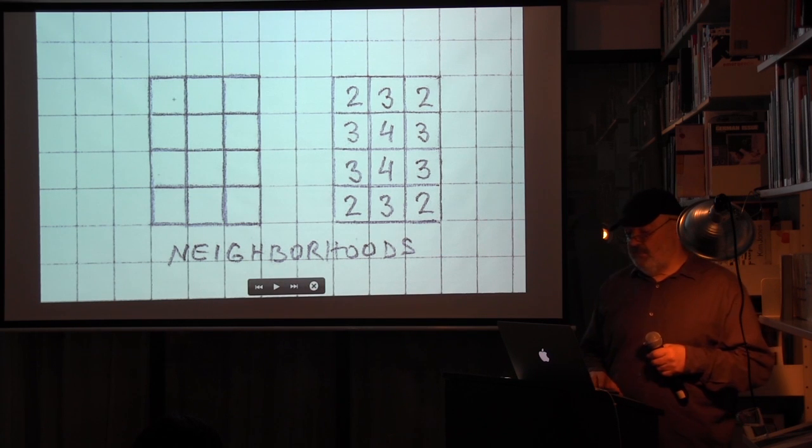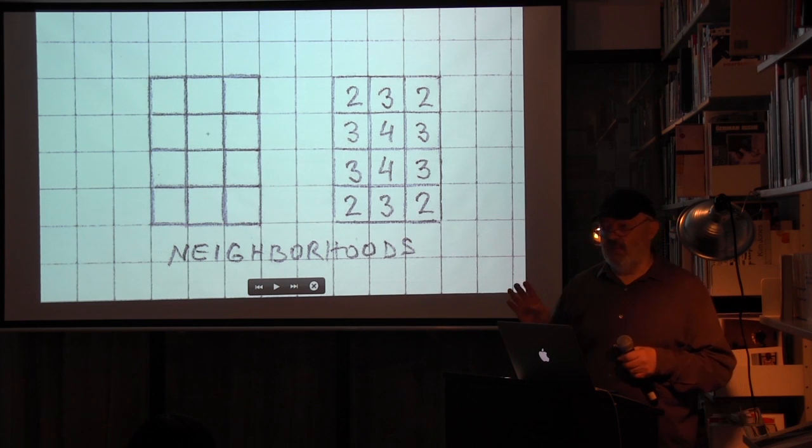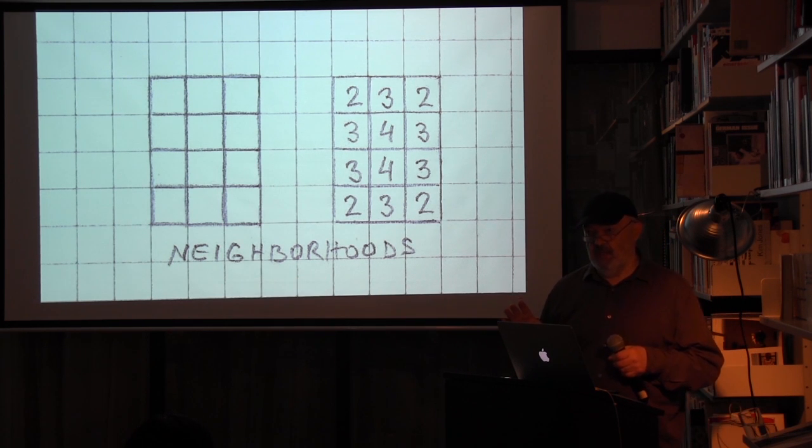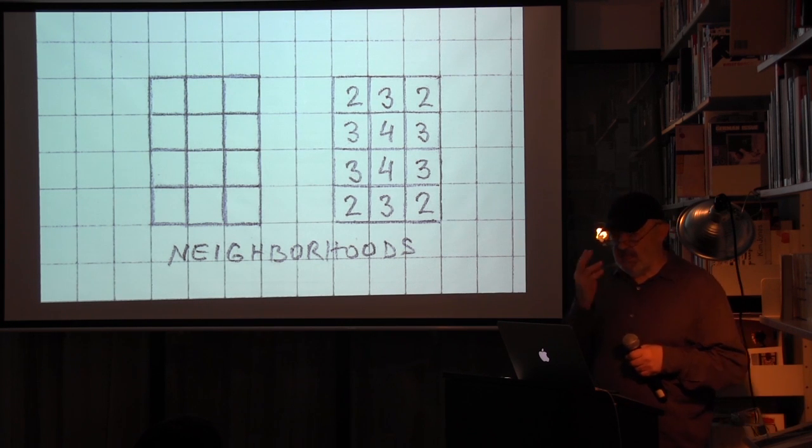As you can see, these corners here have two neighbors: this one and this one. These middle ones have three neighbors each. And these central ones have four neighbors each. So this is a much more complex structure than the value structure.